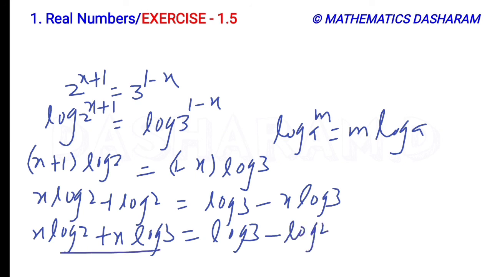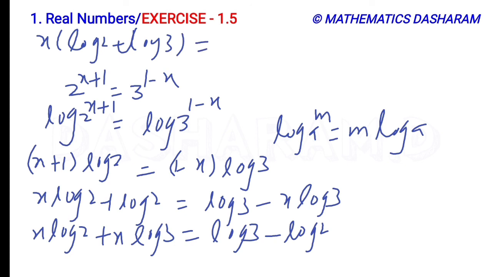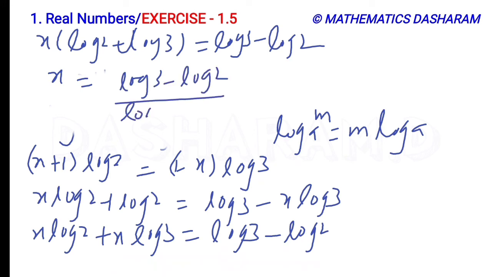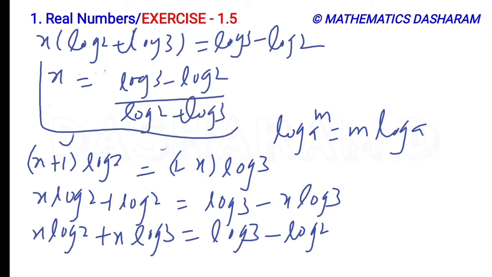Now from these two we can take x common. So x times (log 2 plus log 3) equals log 3 minus log 2. Now x equals (log 3 minus log 2) divided by (log 2 plus log 3). So this is our required answer x.